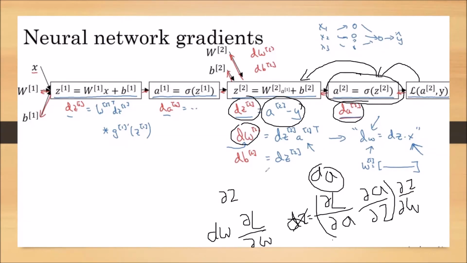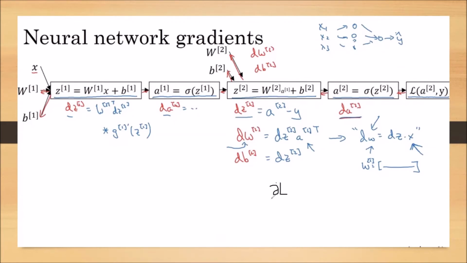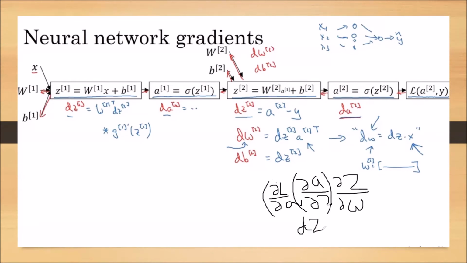Now a product of three terms is coming. dW is nothing but dou L by dou A and dou A by dou Z, and dou Z by dou W. But for our convenience, we take dou L by dou A into dou A by dou Z as dz. And we already calculated dou Z by dou W gives X. But here, dW we are writing as dW2, and dz we are writing as dz2.